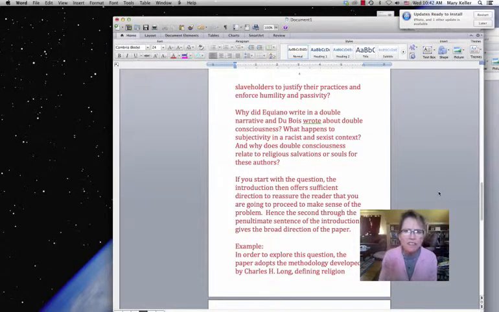Equiano was just driven zealously looking for that sense of a salvation that would arrive for him. So why does double consciousness relate to religious salvation or souls? What is W. Du Bois doing, calling his book The Souls of Black Folk? That is, this question of doubleness is put by both of these authors into the register of a religious journey.